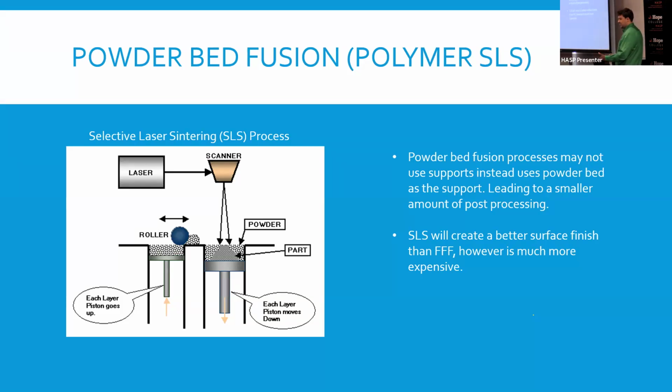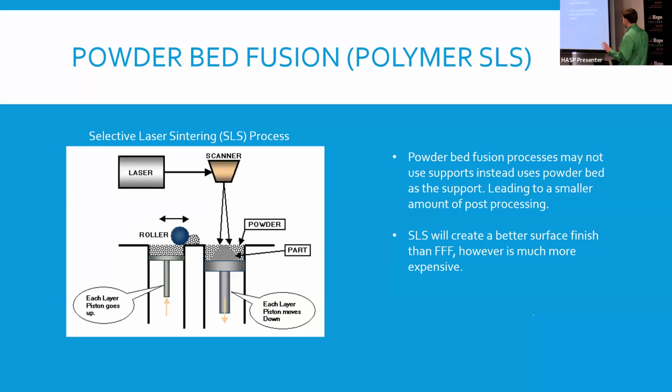Except instead of spraying it and melting it as it sprays, you're taking your roller and building up your layers of powder, layer by layer, and then melting it with a laser instead of placing it directly onto the part in layers.